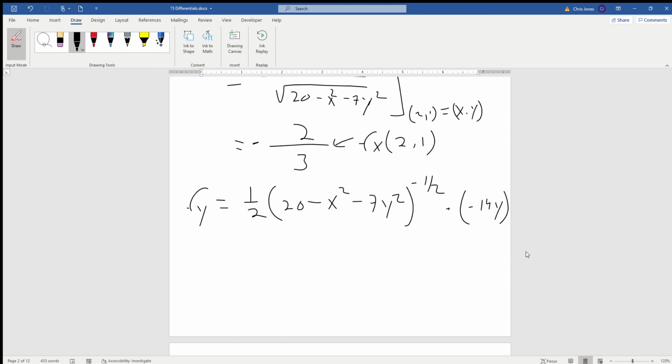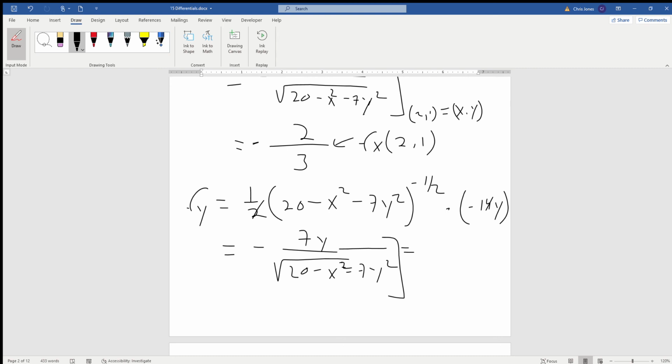We could simplify that. The 1/2 and the 14 simplify to 7. So we end up with negative 7y over the square root of 20 minus x squared minus 7y squared. Excuse me, there should be a y up here, so that should be 7y.